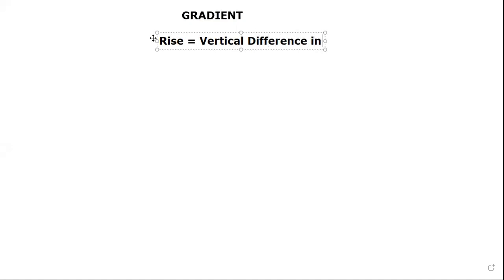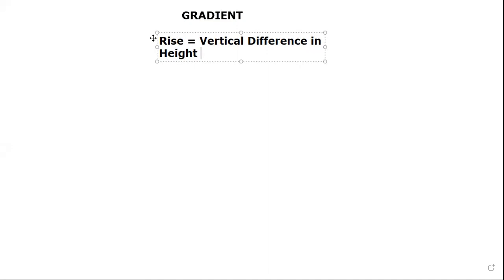Remember that? So this is gradient for all who need a little refresher. So rise is the vertical difference in height, which would be the highest point minus the lowest point, right?